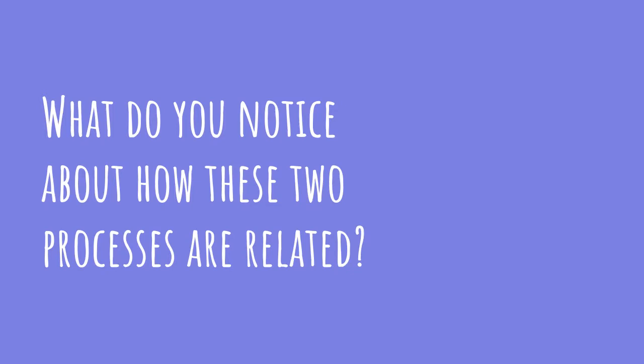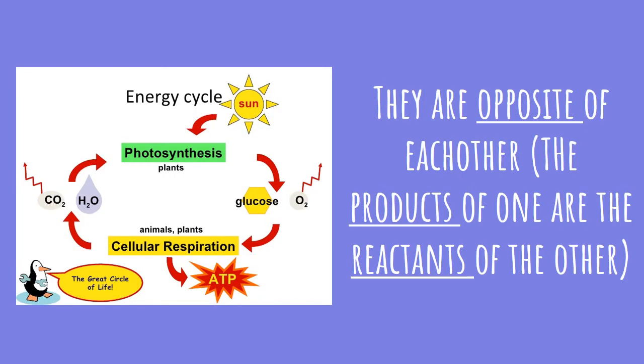So, did you notice anything about cellular respiration and photosynthesis? Go back and look at your notes real fast before we move on. So, photosynthesis and cellular respiration are the opposite of each other. So the products of the one are the reactants of the other. So let's look at glucose here.